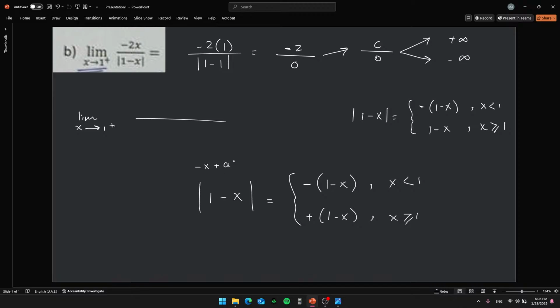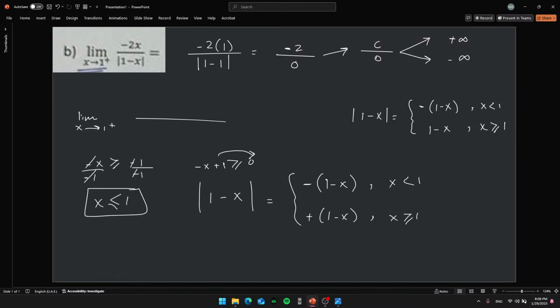So negative x plus a is greater than or equal to 0. So we need to move the a. In this case, a is equal to 1, right? So we move the 1 to the other side, so negative x is greater than or equal to negative 1. Now we have to divide by negative on both sides, and when dividing by a negative, the sign will flip, so x is less than or equal to 1.